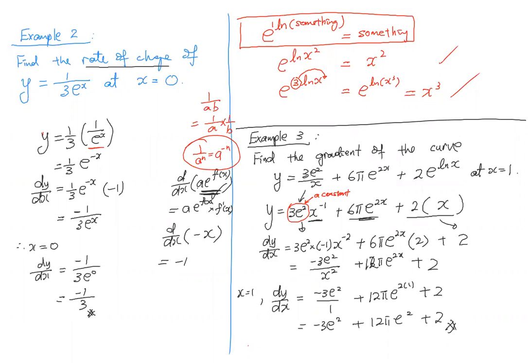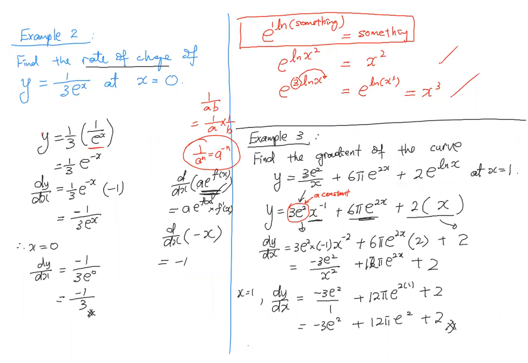Are you okay? Okay. The rest, you can try exercise 2F question 1 only. The rest, you don't have to try yet. I purposely want to mix up the whole thing so that you are able to recognize it instead of teaching part by part.